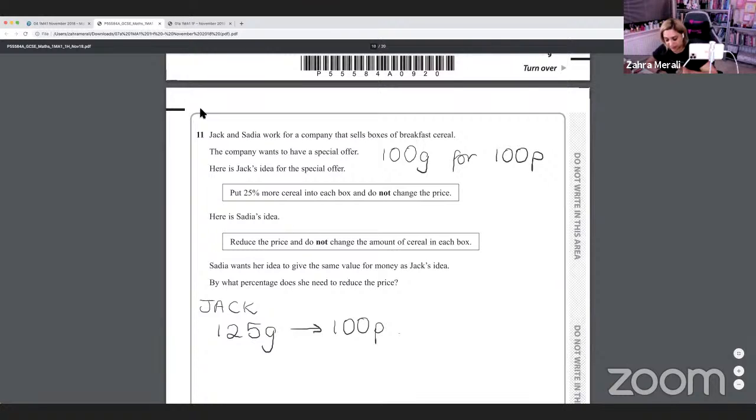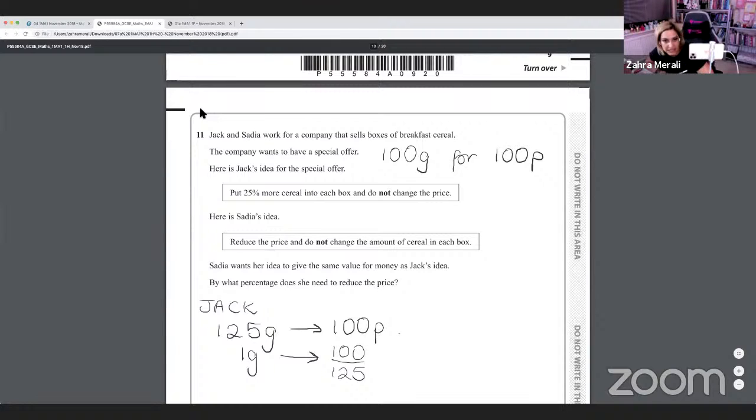Now, that tells me that every gram, if you like, so 100 pence, so we could say 1 gram is 100 over 125. So that's what Jack's price gives us.